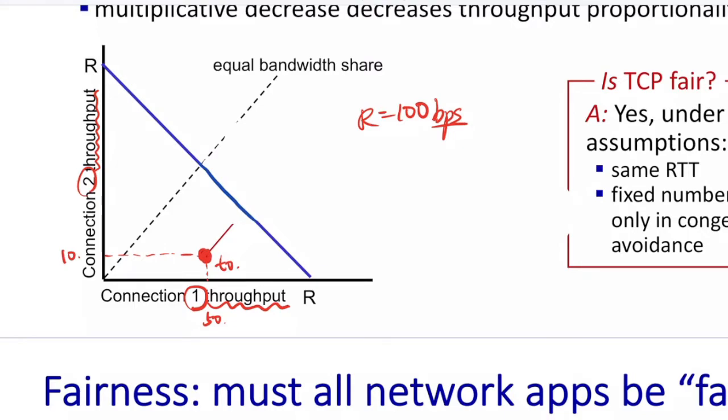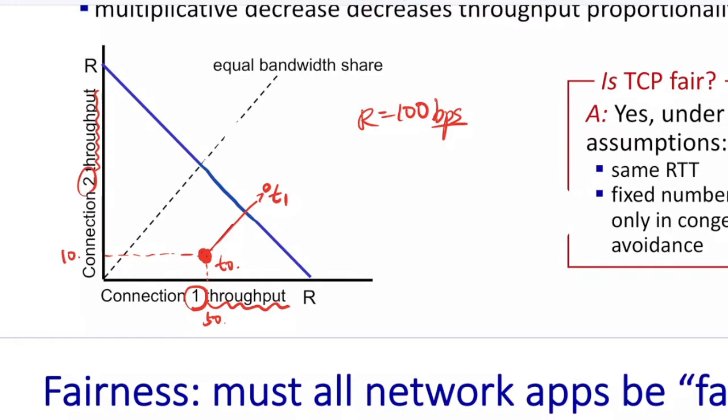10 bps. At the next moment, T1, since 50 plus 10 is less than 100, they do not use the entire R bps. So the congestion window of connection 1 would increase, because the buffer is not full and no packet is lost.